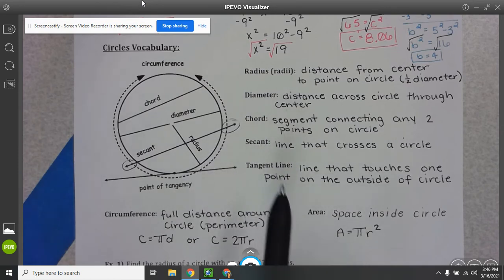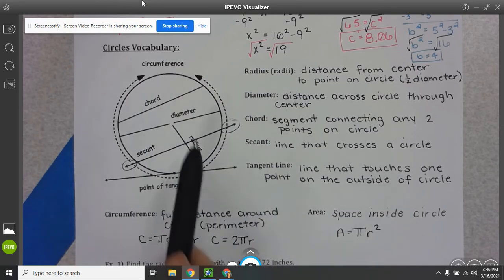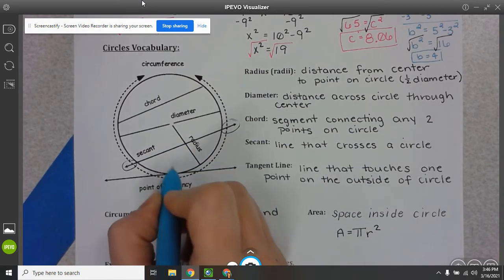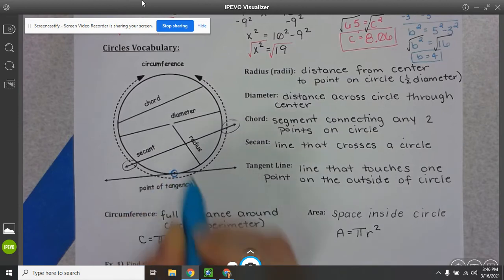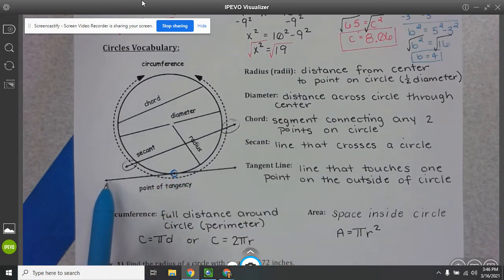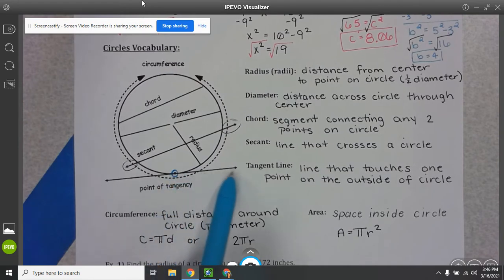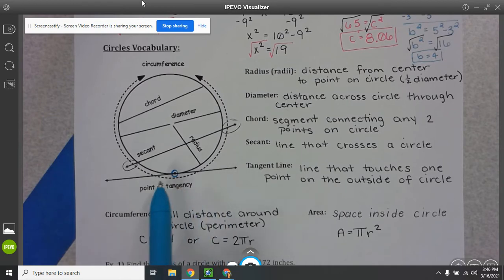It's going on forever. And then a tangent line, if you see down here, there is one point here on the edge of the circle. And that line comes up against the circle, touches that point and that point alone, and then continues going on in the other direction. It is possible to see a segment here instead of a line.